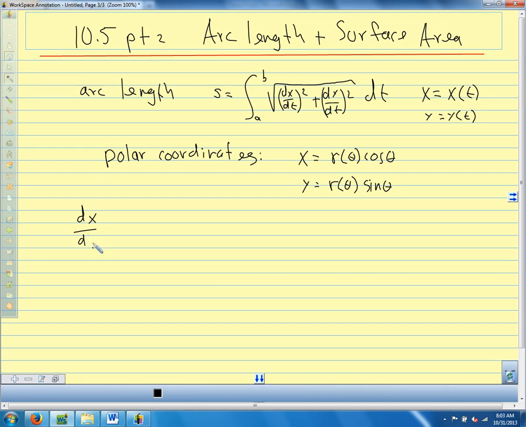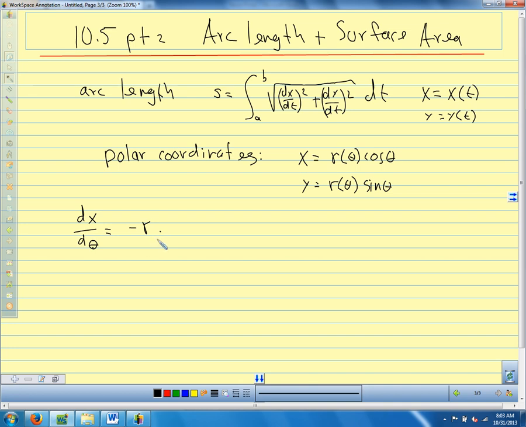dx d theta. We did this when we talked about finding our slope. So what is going to be my expression for dx d theta? We're going to use the product rule. So we get minus, and I'm going to drop the theta with the r. We know that r is a function of theta.